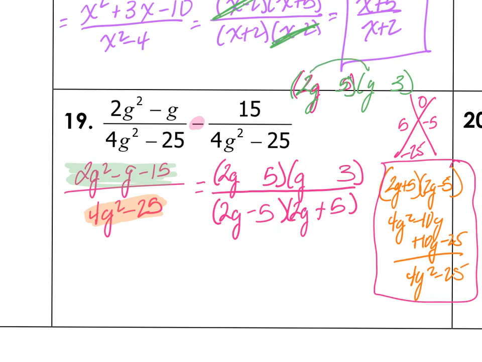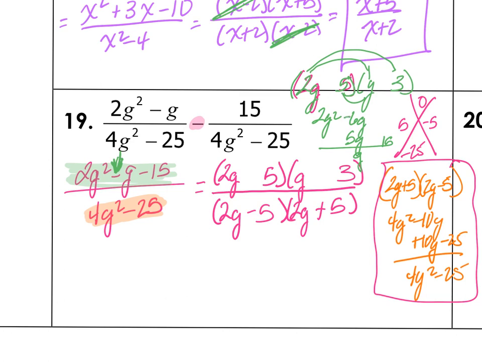So 2g times g is 2g squared, and 2g times 3 is 6g, and 5 times g is 5g, and 5 times 3 is 15. This middle term is the one we're concerned about. I need it to be a negative g.